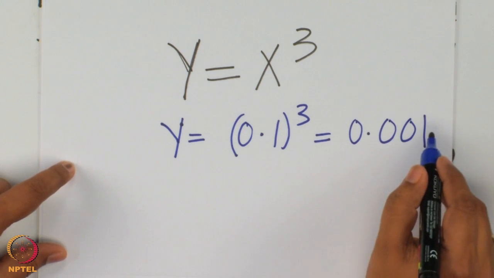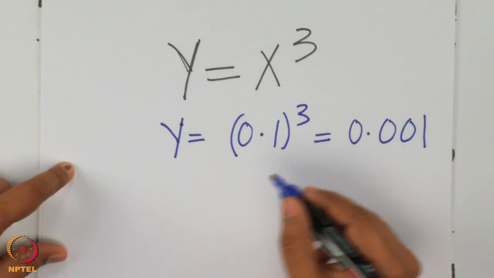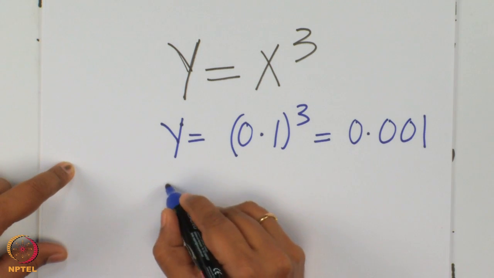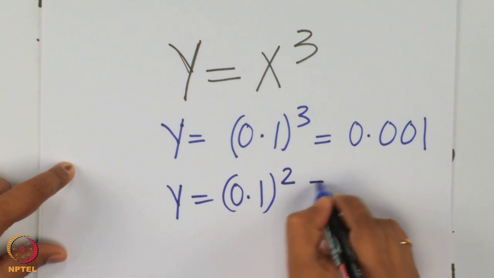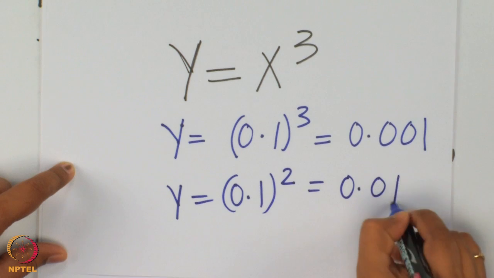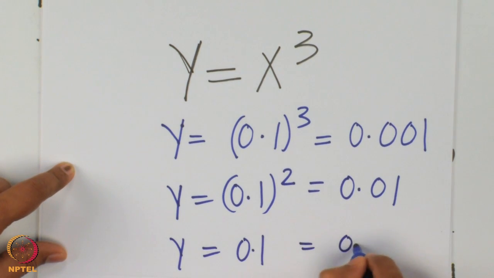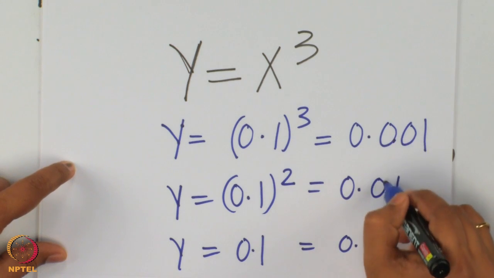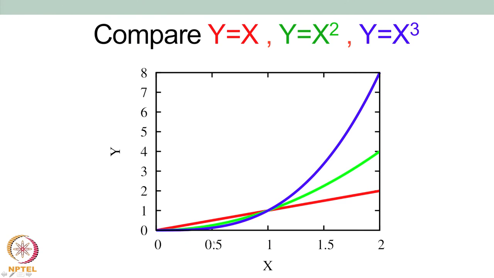Now if you have y is equal to 0.1 squared, which is 0.01, and y is equal to 0.1, which is 0.1 itself, you can see that this is smaller than this, which is smaller than this. That is what this curve indicates. The blue curve is much below the red and green.